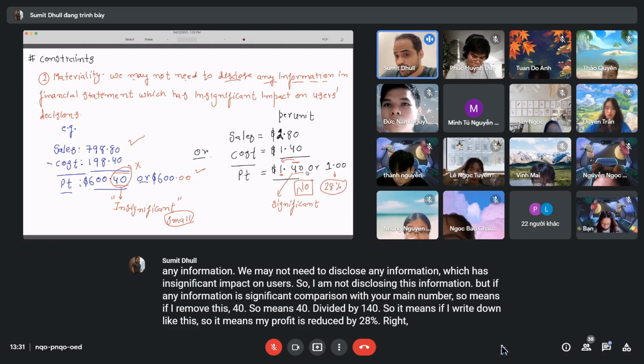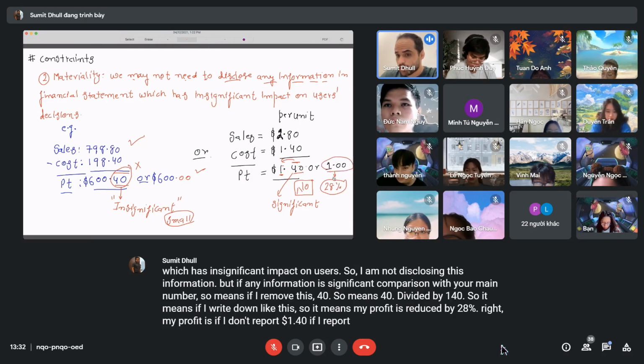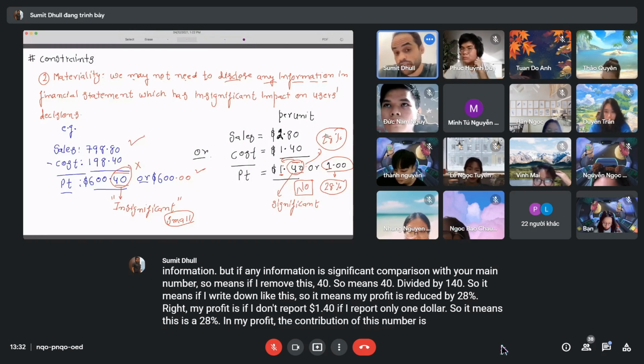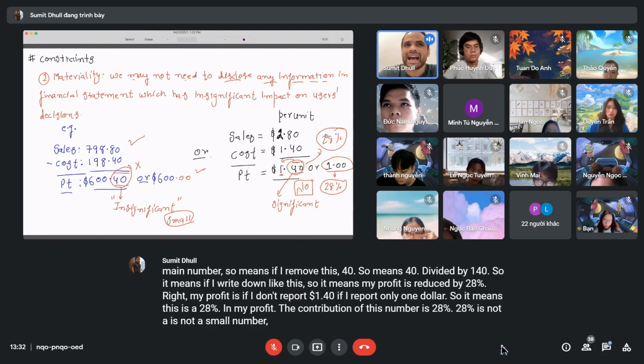If I don't report $1.40, if I report only $1, the contribution of this number is 28% in my profit. 28% is not a small number, it's a big number. That is the meaning of materiality.